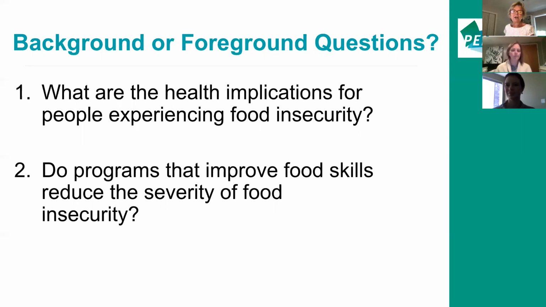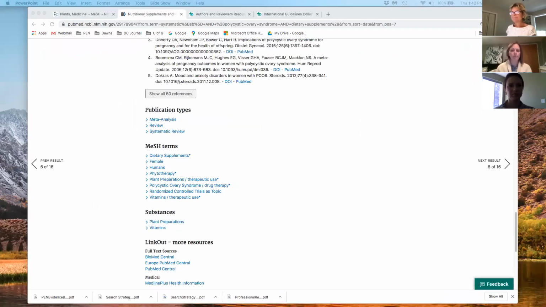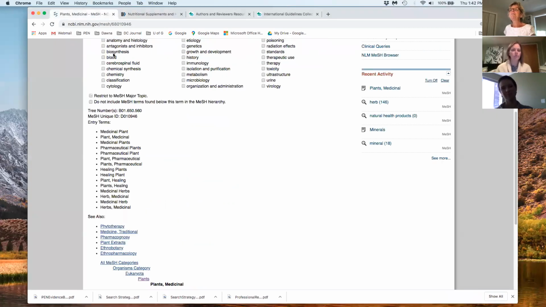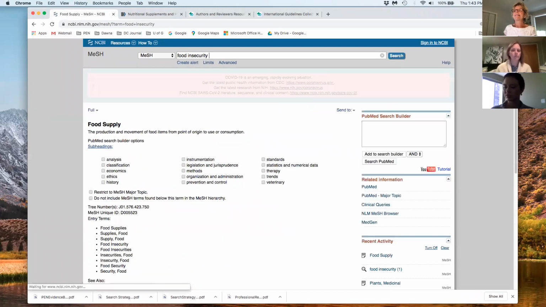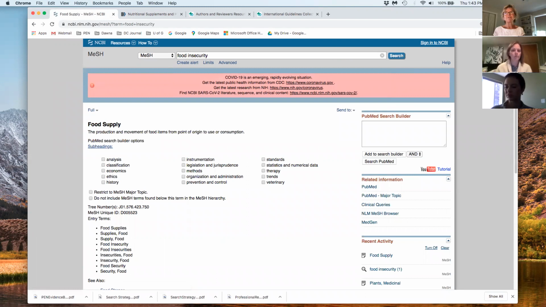So let's have a look then at some of the MeSH terms that might be included for this topic. Let's just try very broadly food insecurity. So we do a search on food insecurity, and interestingly, it's not a MeSH term. Food supply is the MeSH term, which is interesting.